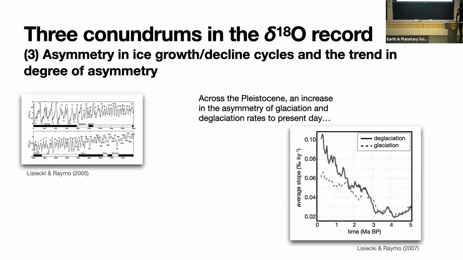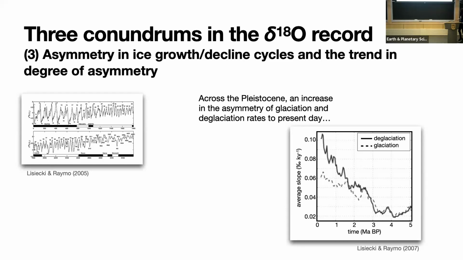So the final conundrum that I'll discuss is the asymmetry in the rates of ice growth and decline within any single ice age cycle. The ice ages over the last million years, as I said, are characterized by that sawtooth pattern where you have slow growth, rapid decline. And this was not always the case across the entire Pleistocene.